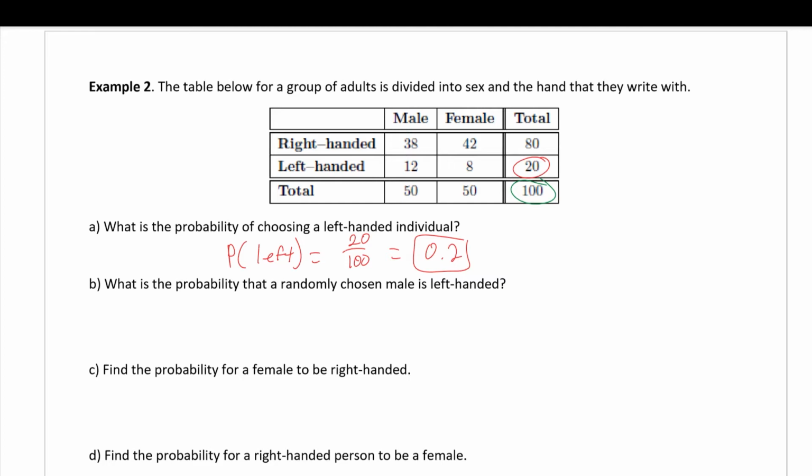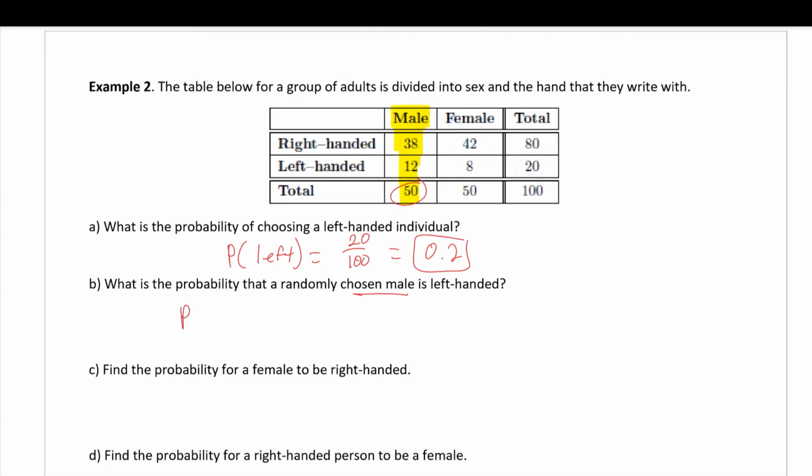So we already know that we're only considering those that are male. If we just ignore everyone else, we're just considering the males here. That's a conditional problem. We narrow down the sample space. Instead of considering all 100, we're only focused on the 50 here.